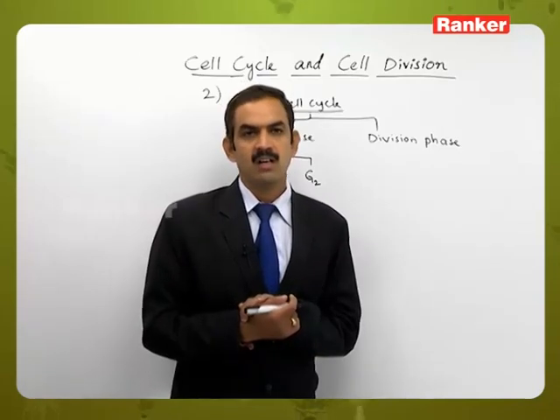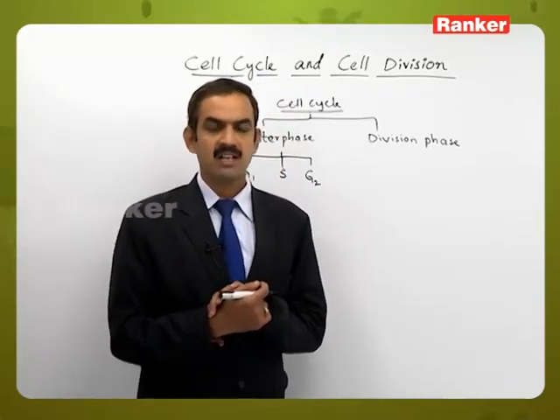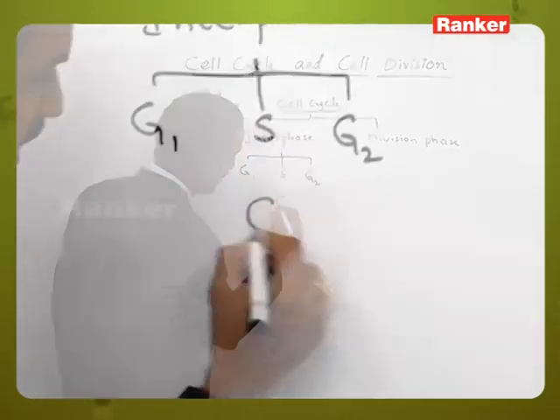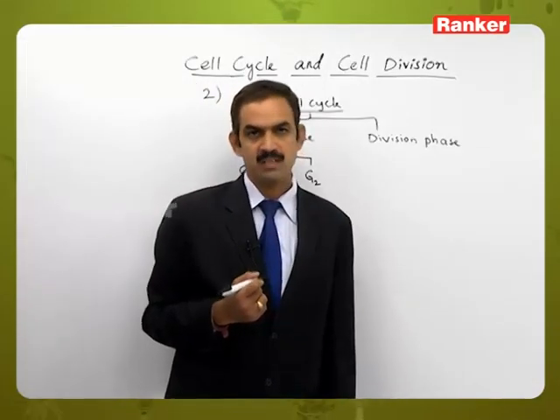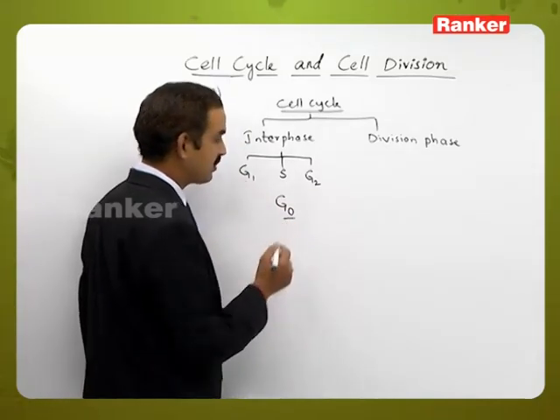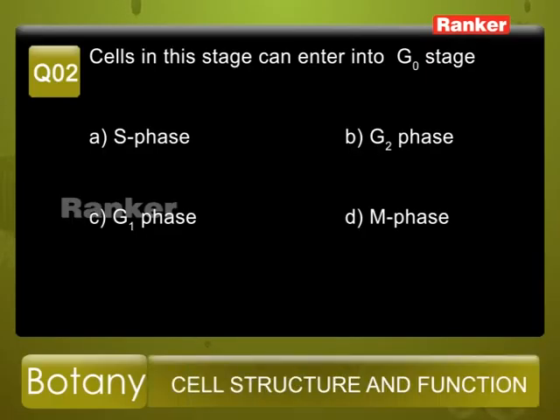Sometimes the cells will become quiescent and enter into a resting-like stage. That resting stage we can call a G0 phase. Of course, metabolically it is active, but it is considered to be the resting one. So after G1 phase it will enter into the G0 phase. So from the given options, option C is the correct answer.